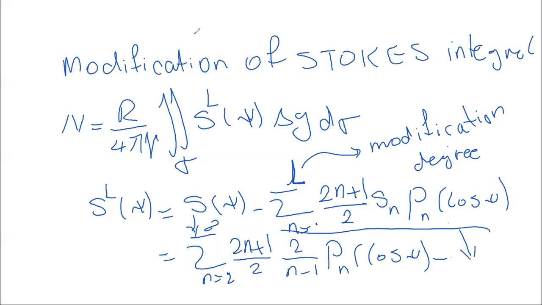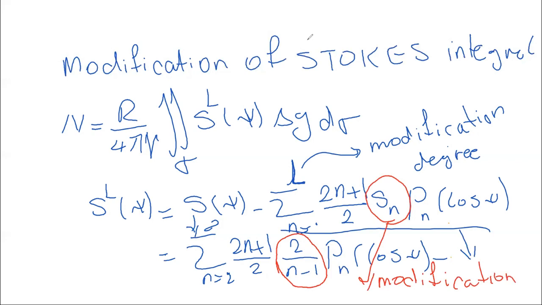I want just to compare one thing here. For a Stokes kernel, this is the spectrum, or in other words, this is the spectrum of the Stokes kernel, and this is the modification parameters of the kernel. So what is happening?